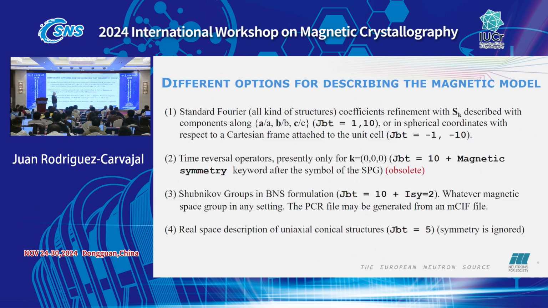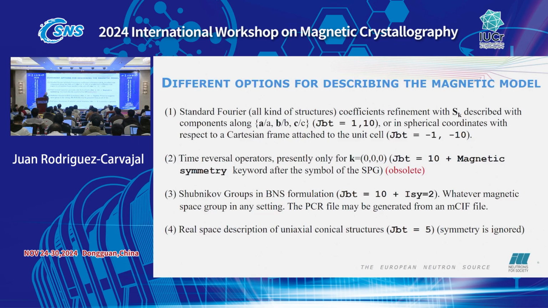Then you have a keyword which is called JBT, that may be 1 or 10. When you use 10, you don't have a separate phase, you have a single phase, with the nuclear and magnetic in the same description. If you change the sign, JBT equal to -1 or -10, you use spherical coordinates for the magnetic moments instead of the components.